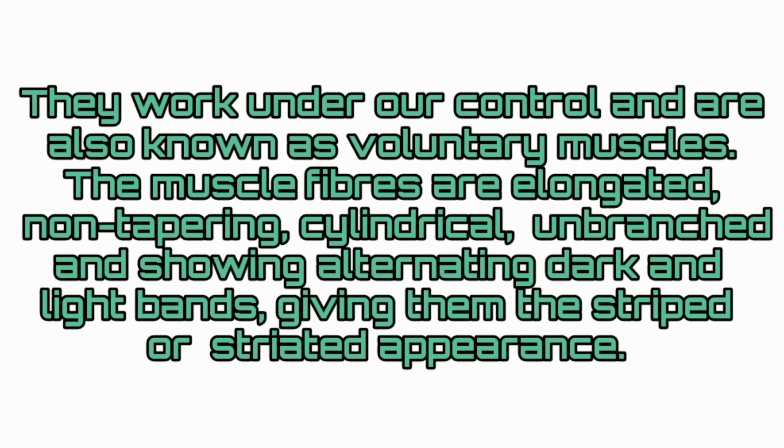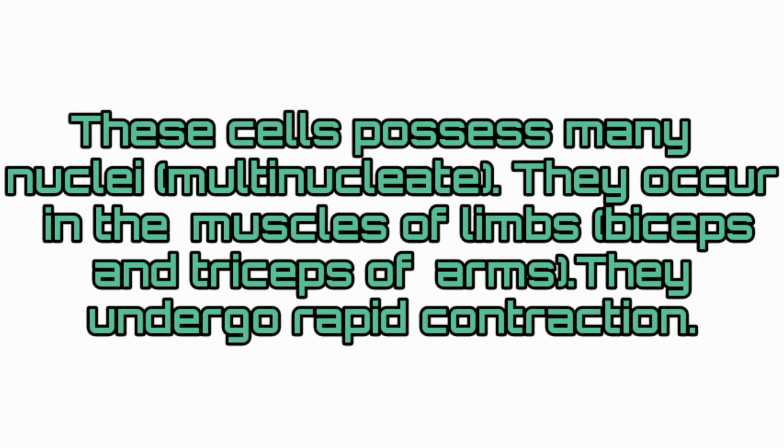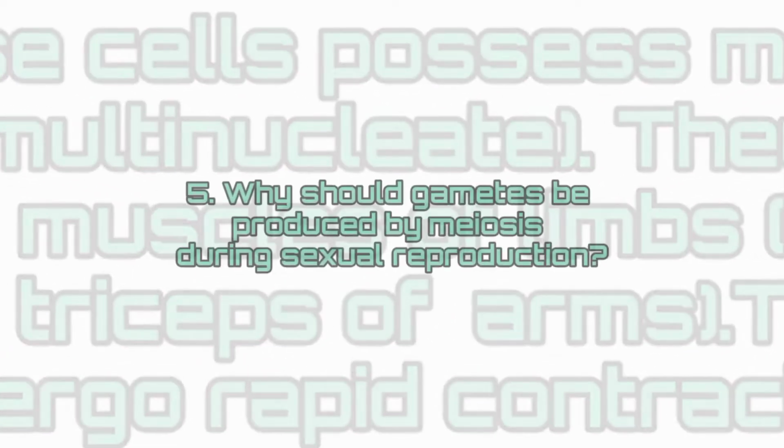The muscle fibers are elongated, non-tapering, cylindrical, unbranched and showing alternating dark and light bands, giving them the striped or striated appearance. These cells possess many nuclei, multinucleate. They occur in the muscles of limbs, that is biceps and triceps of arms. They undergo rapid contraction.